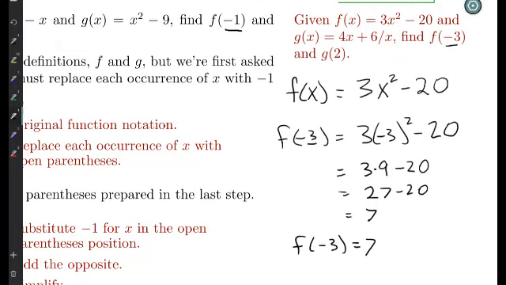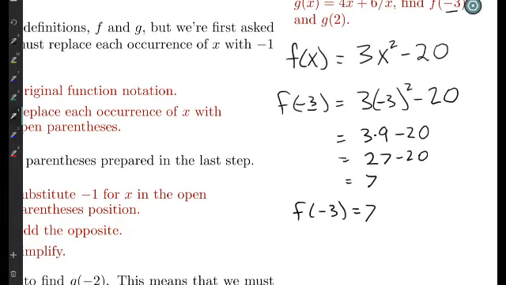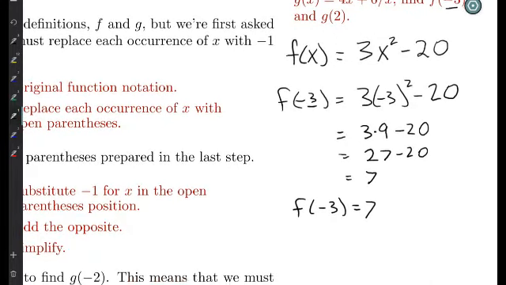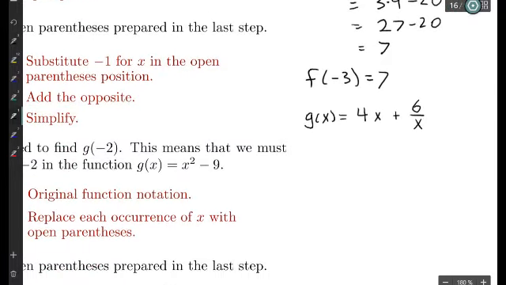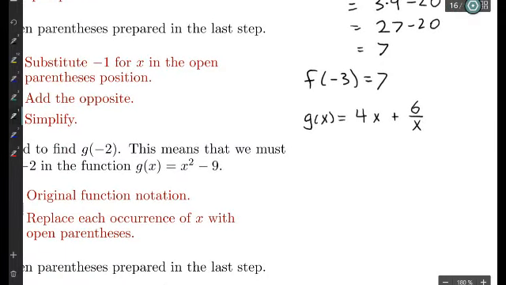And we have g of 2. Well, g of x is 4x plus 6 divided by x. So g of empty parentheses equals 4 times empty parentheses plus 6 divided by empty parentheses.